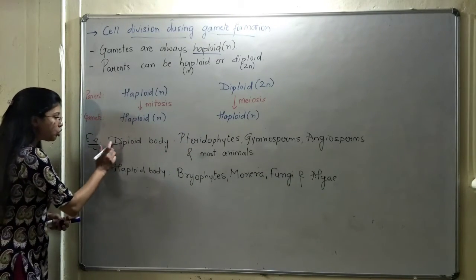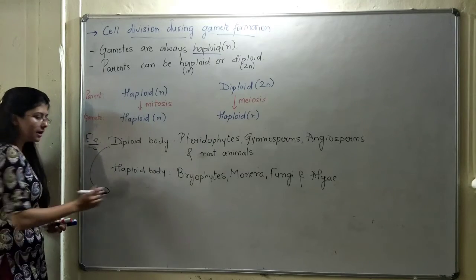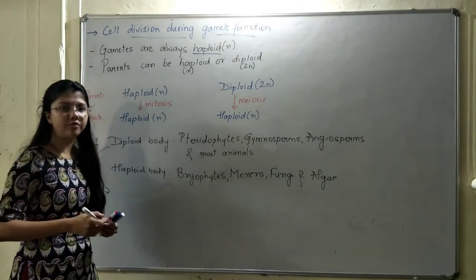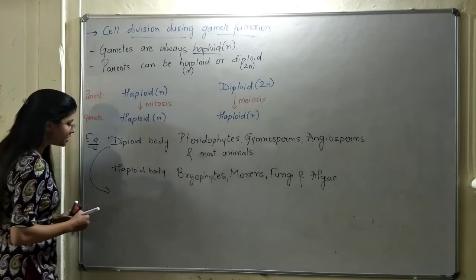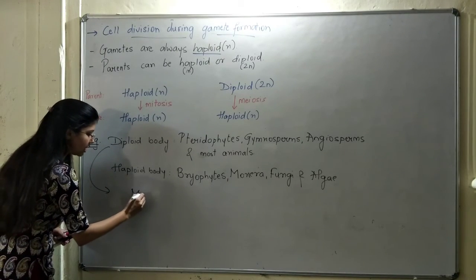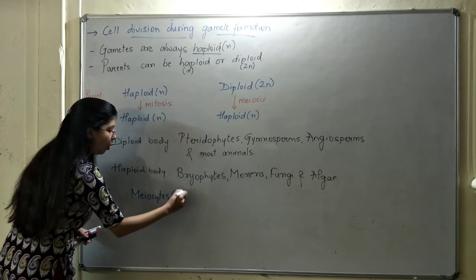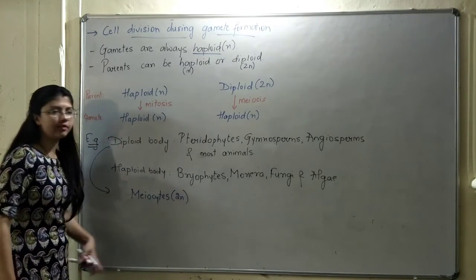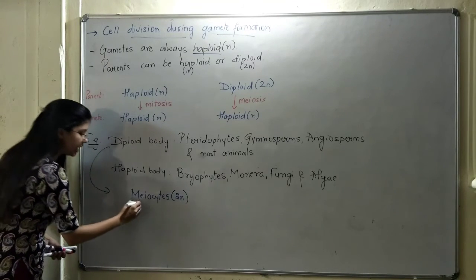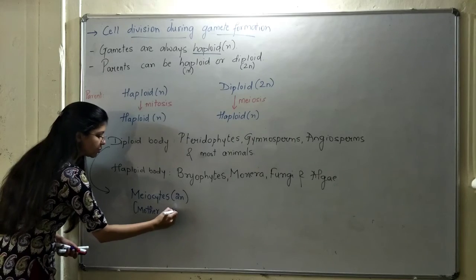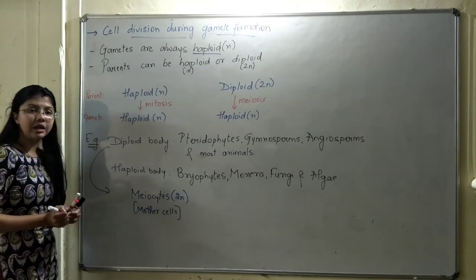Now, when you talk about these diploid-bodied organisms, the cells involved in the formation of the gametes are called meiocytes. Since these are the cells involved in formation of gametes, of course they will be diploid. You can say these are the mother cells, as in the cells responsible for formation of the gametes.